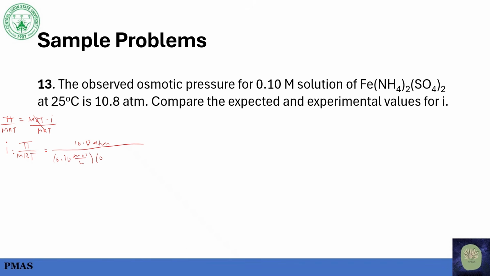Then R, which is 0.08206 liters atmosphere per moles Kelvin. Then for the temperature, this is 25 degrees Celsius. So we must first convert it to Kelvin. This is 298.15 Kelvin.